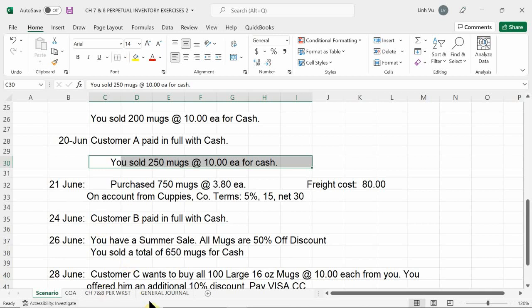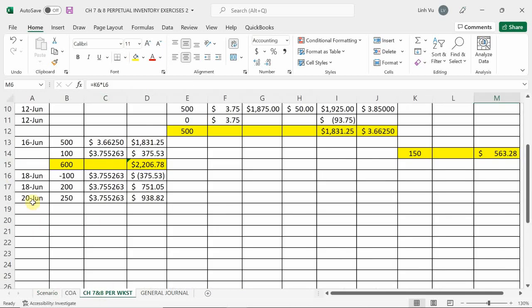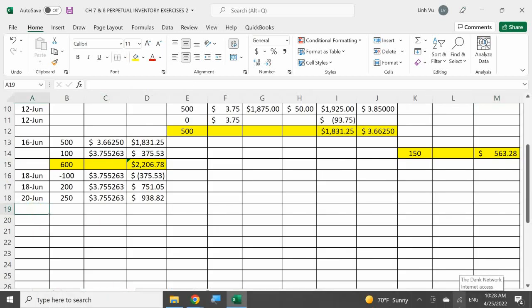This is where I can go straight to my inventory worksheet. On June 21st we purchased 750 items at $3.80 with a freight of $80.